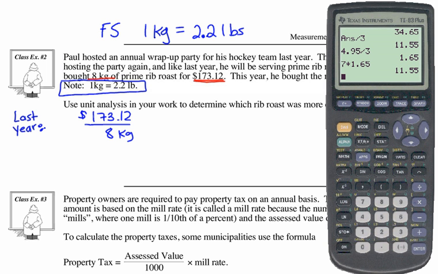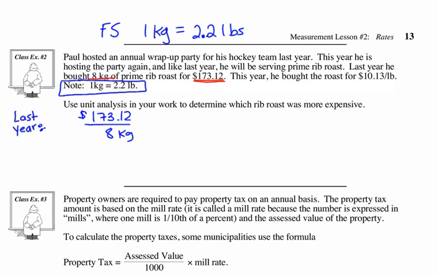Right now this is a rate, but not a unit rate, because the denominator is not 1. 173.12 over 8 gives us $21.64 per kilogram. So that's last year. This year, he went out and bought his roast for $10.13 for every pound, for 1 pound.